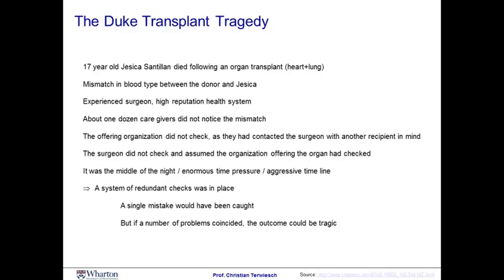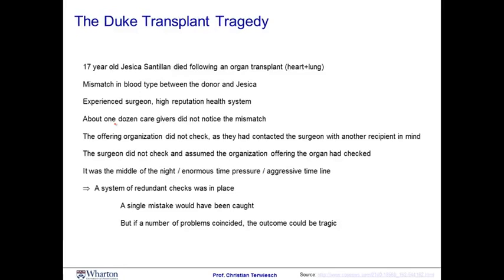The New England Organ Bank somehow assumed that if Dr. Jaggers was asking for the organs for Jessica, they would match the blood type. Vice versa, the workflow at the Duke Transplant Center and Dr. Jaggers implicitly assumed that if the New England Organ Bank were offering the organ for Jessica, they would check the blood type. At the end of the day, nobody checked.